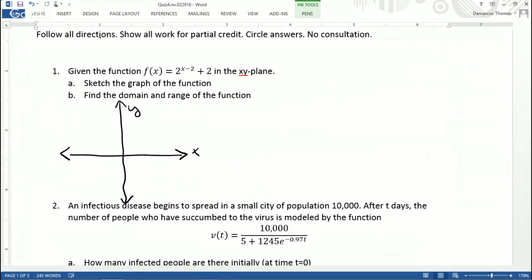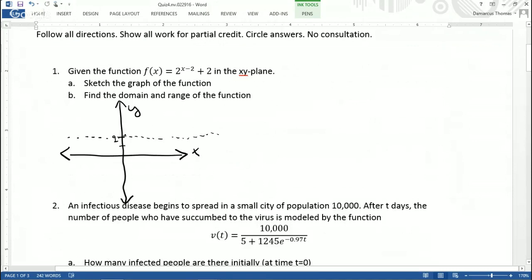And because this function is plus 2, it means it has been shifted up twice. The asymptote is not at the line y equals 0 anymore. It's at the line y equals 2. So at 2, we have what's called a horizontal asymptote.